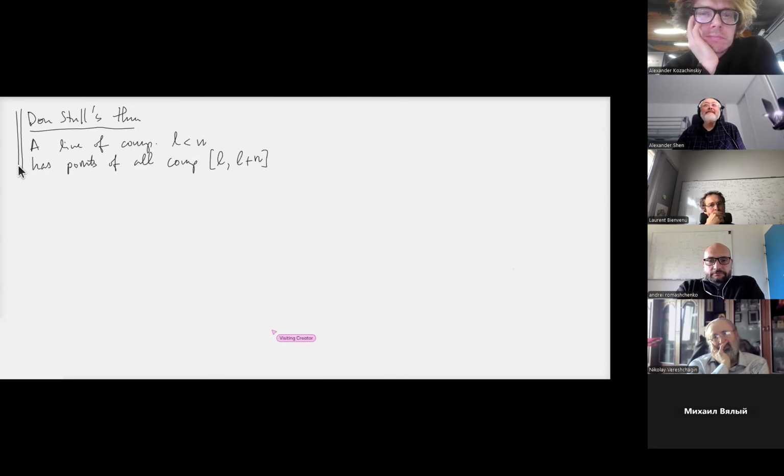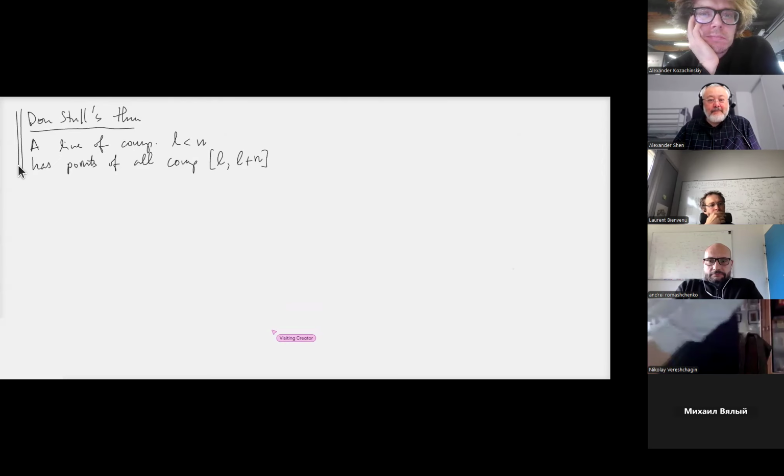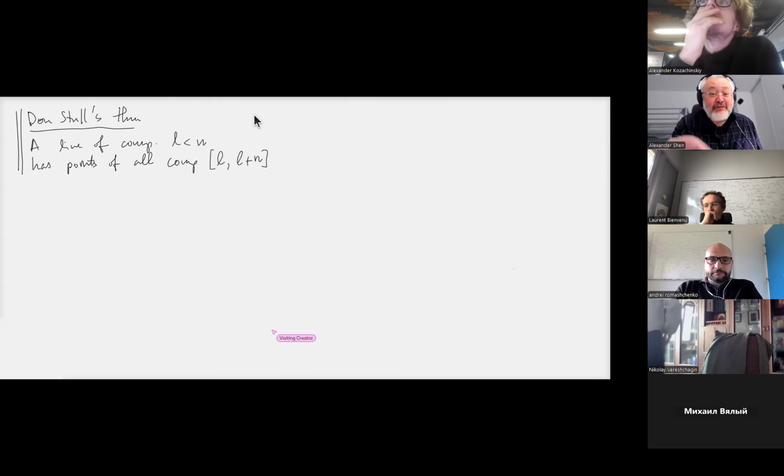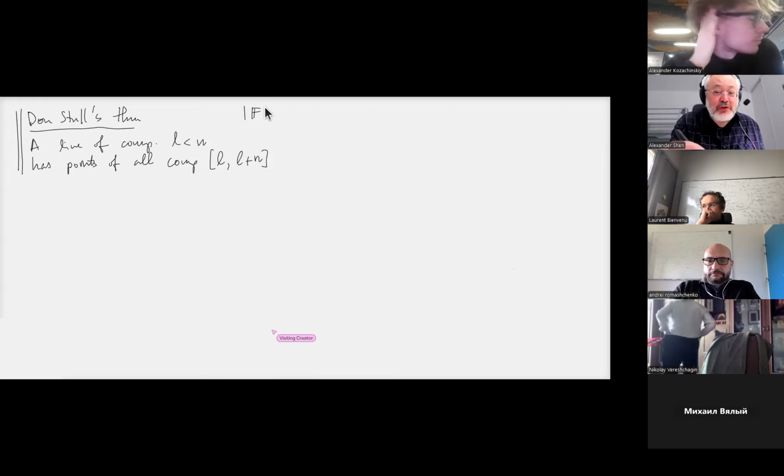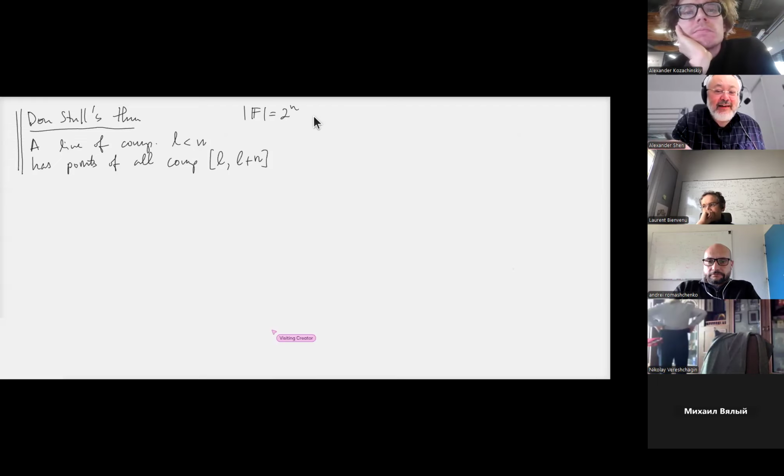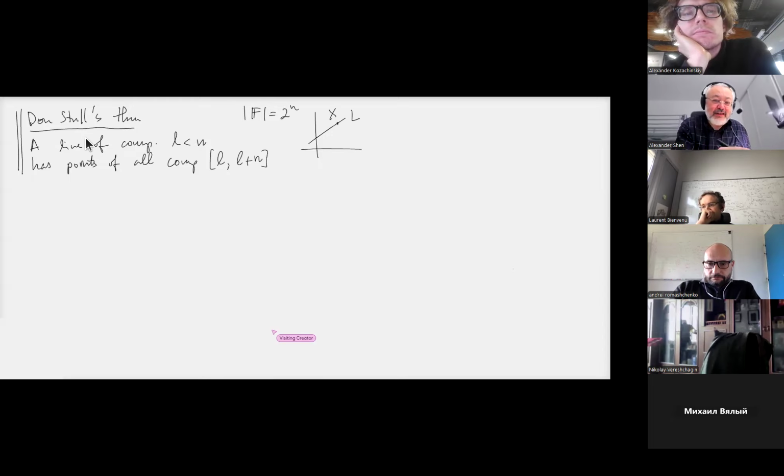We again speak about lines in a finite field. Finite field F of size 2 to the n, and we have a two-dimensional plane, so a line L has points x of all complexities between L and L plus n.